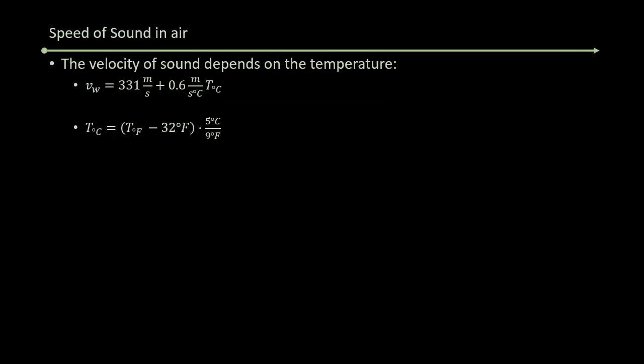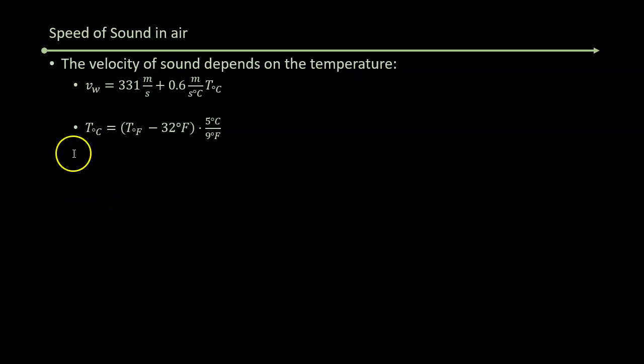Finally, we have to talk about the velocity of sound in air, because it is not a constant, and it depends on more than just temperature. We're just going to go with it depends on temperature. The velocity of sound in air is approximately 331 meters per second plus 0.6 meters per second per degree C times the temperature in Celsius.